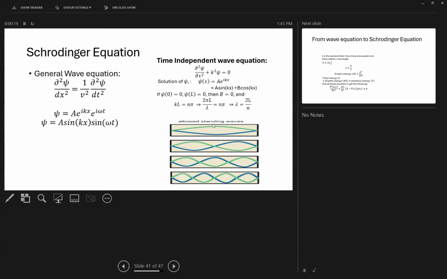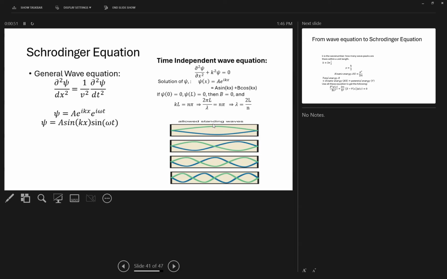And this value can be written as, I'll write it here. k is equal to, let's say, I forgot already, 2 pi L by lambda.